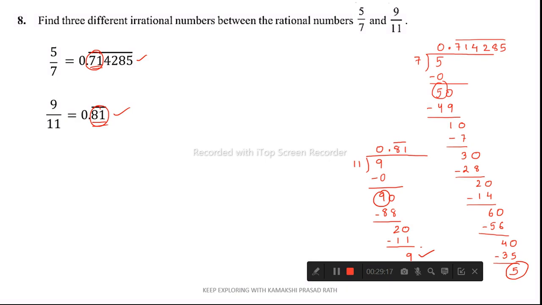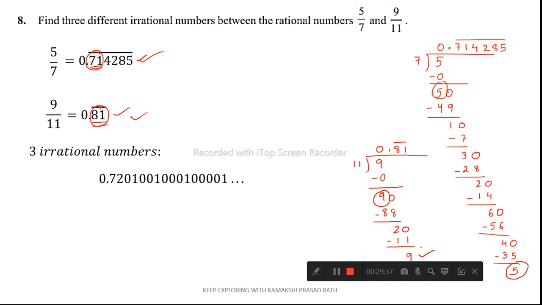Now 0.72 will be greater than this number and 0.80 will be less than the other number. So we have a wide range of numbers. It must be greater than 0.714285 and less than 0.81. The first one is 0.72: after 7 1 we get 7 2.